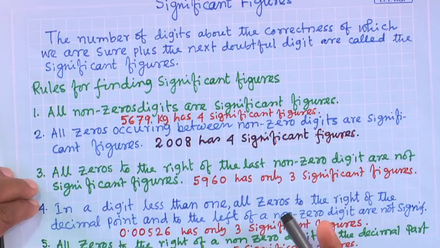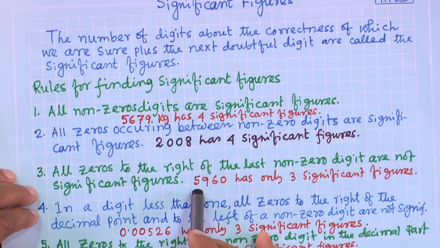These 3 rules I am discussing apply before the decimal point, or if there is no decimal point. So, all zeros to the right of the non-zero digit are not significant figures.